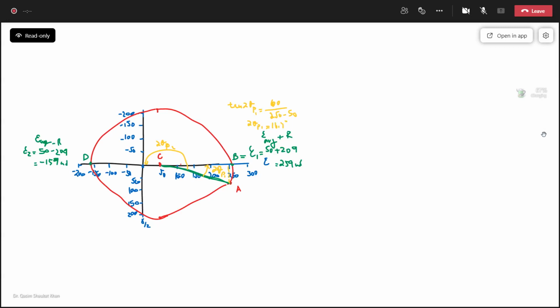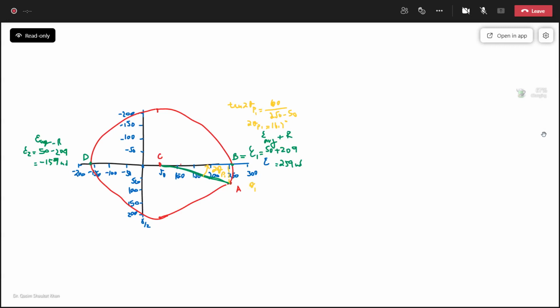Now let's move to the next question. अब थीटा p1 is 8.35, so थीटा p2 आपका कितना होगा, 90 plus 8.35, sorry, 8.35 plus 90.